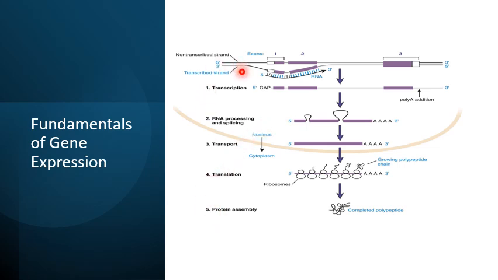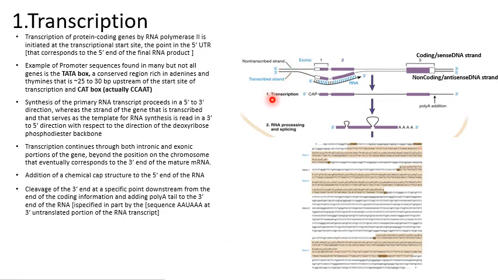Just know that the first two steps, the transcription and the RNA processing, happen in the nucleus, and then everything will jump into the cytoplasm, into the ribosomes. So through the transport, the translation and the protein assembly happen there. So we'll start with the transcription. As we know, the DNA is a double-stranded structure.